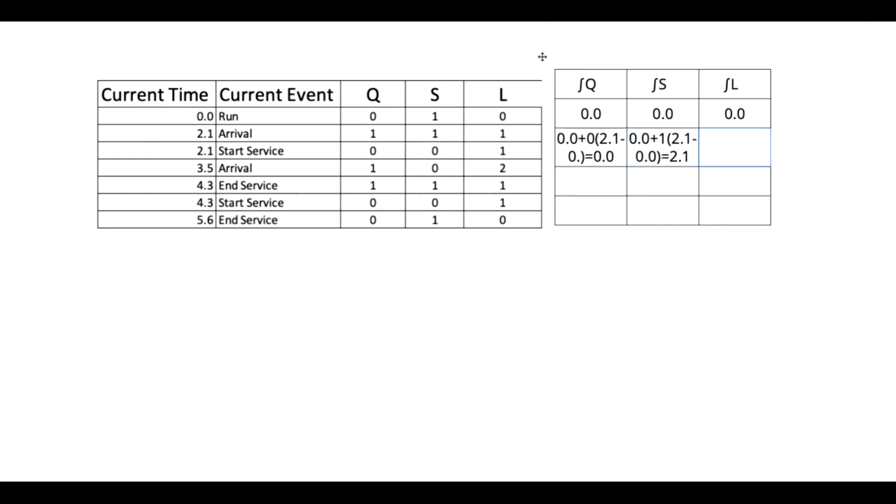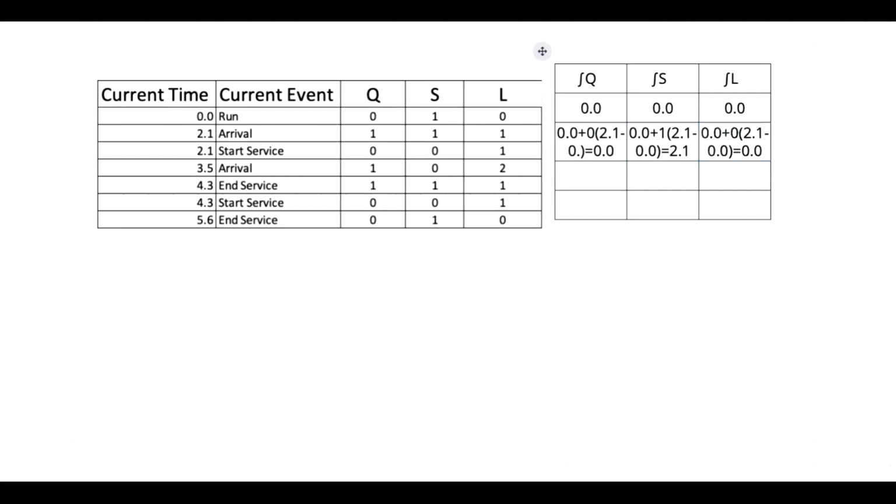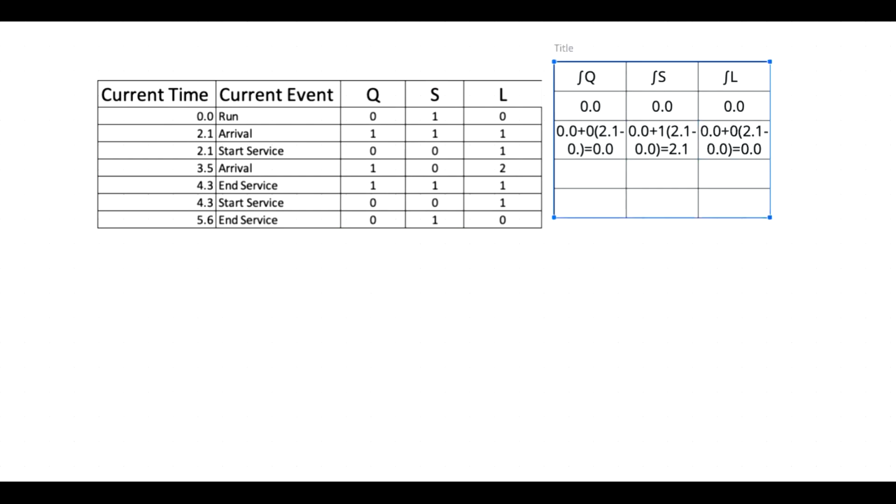Finally, for the number in the system, it's the previous sum plus the previous value times the elapsed time. So at time 2.1, the area under the number in Q is 0, the area under the number of available servers is 2.1, and the area under the number in the system is still 0.